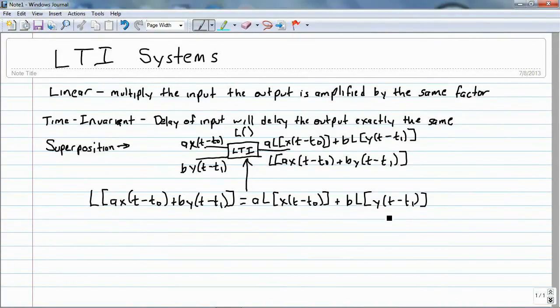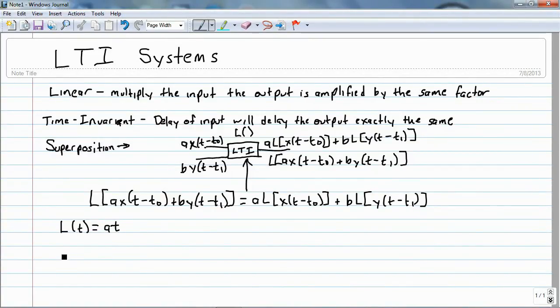Now we can show how to verify whether a system is linear or not. Let's just use what we know is linear, a linear equation. So let's say that our function L of t is equal to a times t.